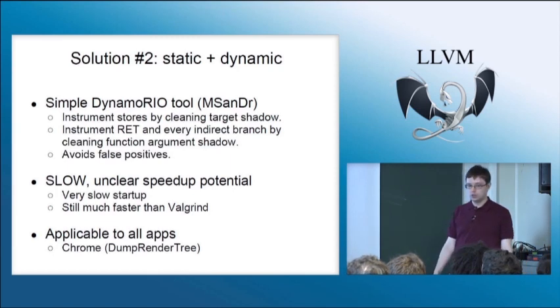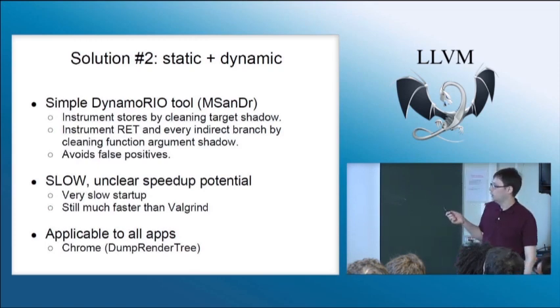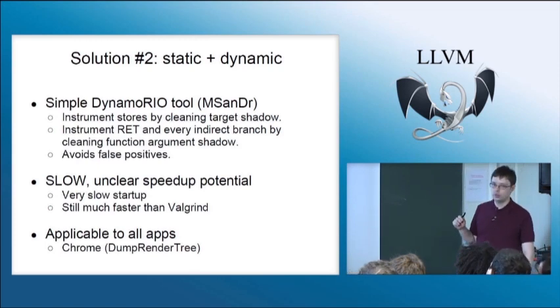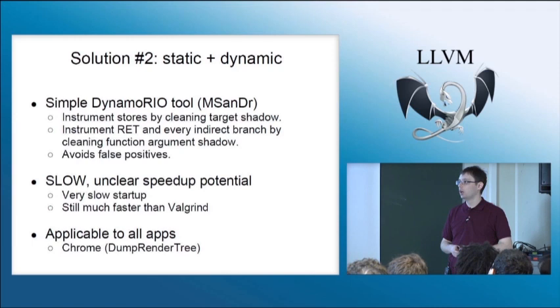We've got another simple but slower solution. We've got a DynamoRio based tool that does some very simple instrumentation for the libraries that we were not able to instrument statically. This instrumentation simply declares all memory that is stored to in uninstrumented code as clean, fully initialized.